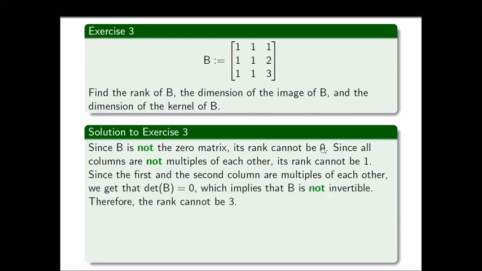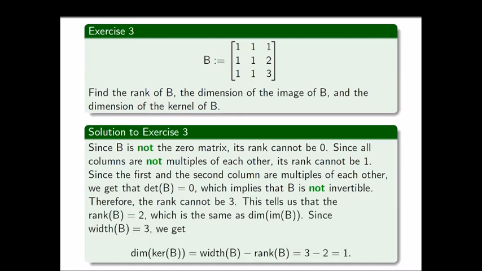But do note that the first and the second column are multiples of each other, and we get that the determinant of this matrix is going to be 0, and that would imply that this matrix is not invertible. And if it's not invertible, it cannot have rank 3. So what we've shown so far is that this matrix, which is 3 by 3 in size, cannot have rank 0, 1, or 3. So the rank of this matrix has to be 2, which is the same as the dimension of the image space of B. So we get 2 answers for the price of 1.